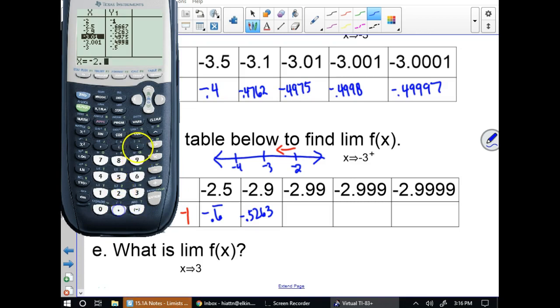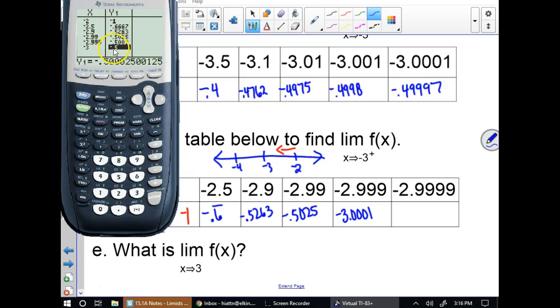-2.99 is going to be -0.5025, and then -2.999 is -0.5, and -2.9999 also looks like it's -0.5.